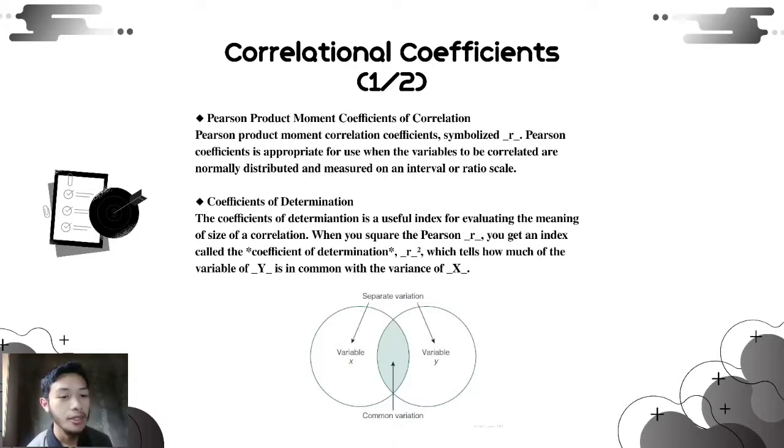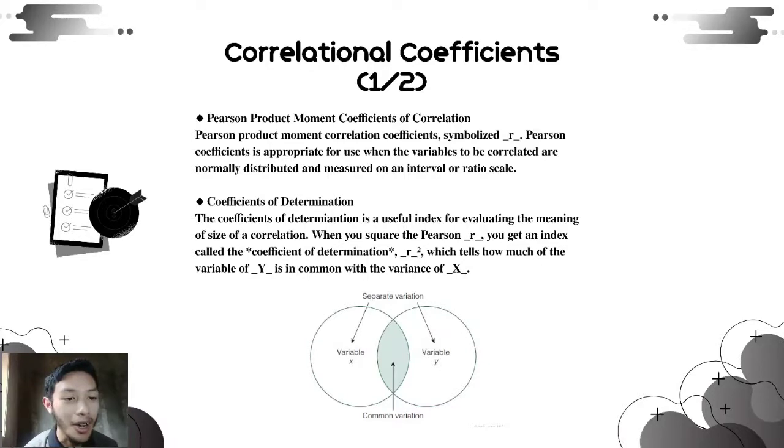The absolute size of the coefficient of determination is the strength of the relationship. As we can see in the PowerPoint, there is an illustration for this coefficient of determination.